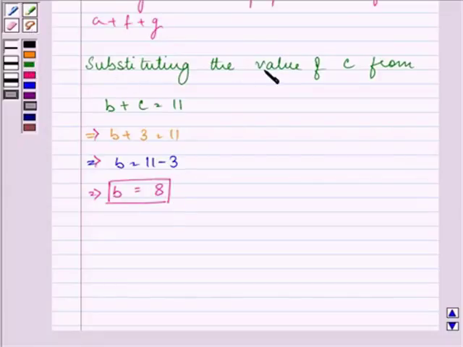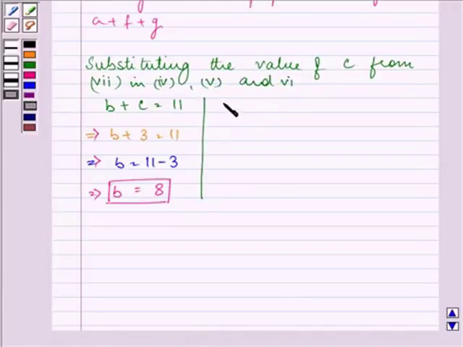So we have substituted the value of C from 7 in 4, 5 and 6. Similarly, C plus E is equal to 8.